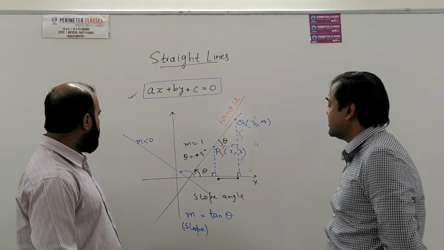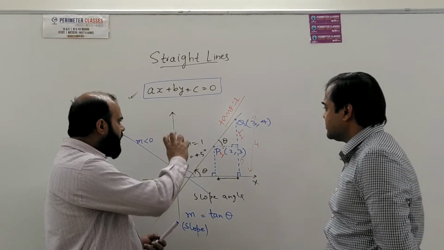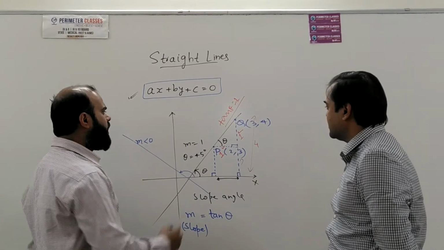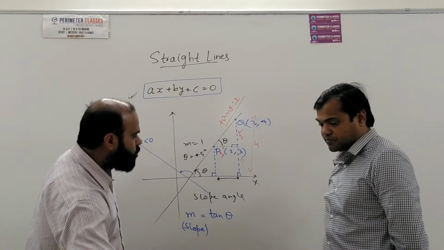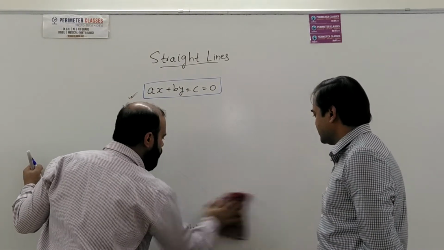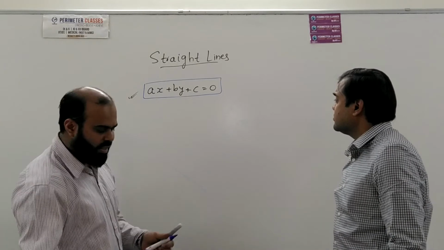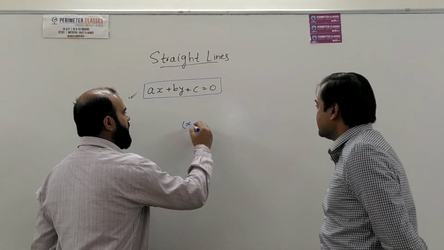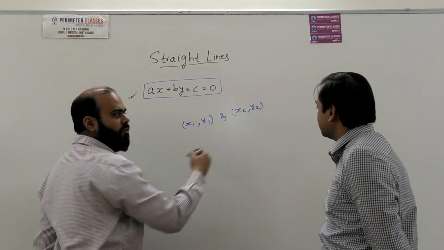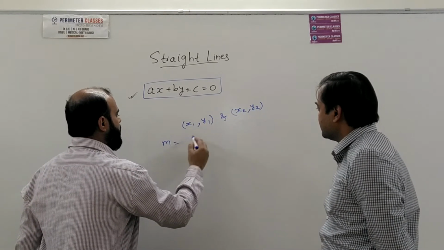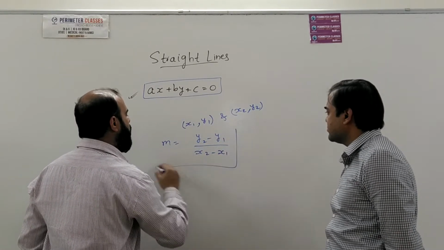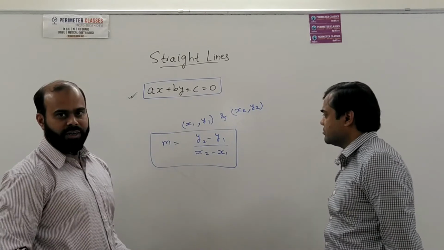So basically, the slope is the ratio of the difference of y coordinates upon the difference of x coordinates. So we can have a formula like this: if there is a line joining 2 points (x1, y1) and (x2, y2), then the slope of that line is (y2 minus y1) upon (x2 minus x1). This is how we can find the slope with the help of coordinates.